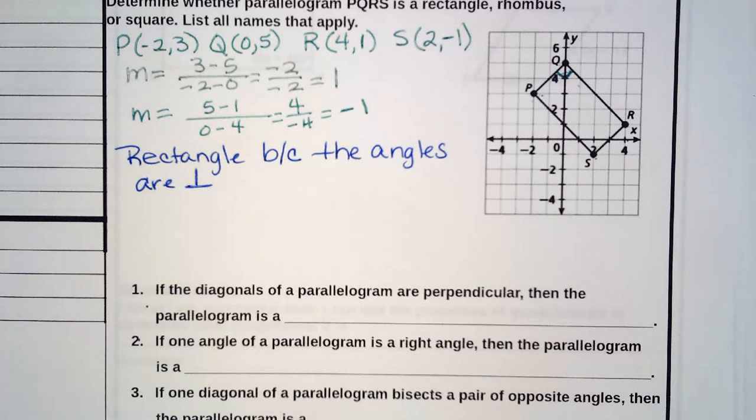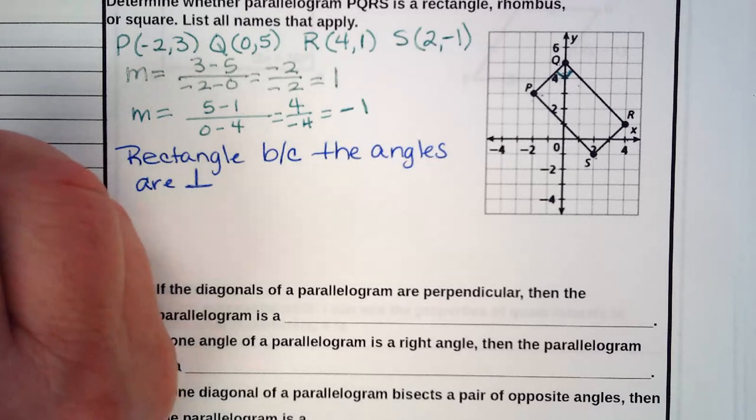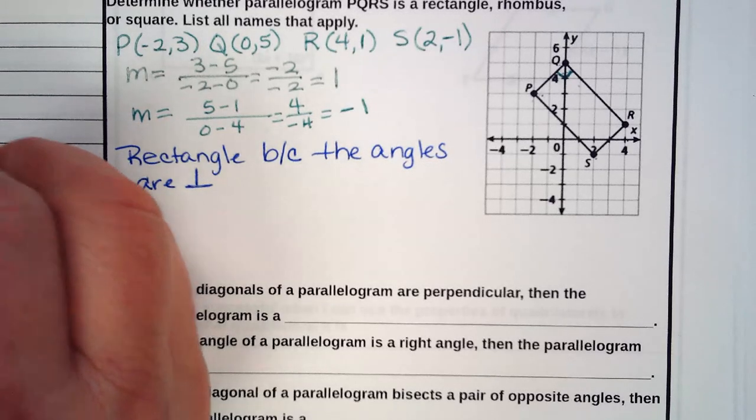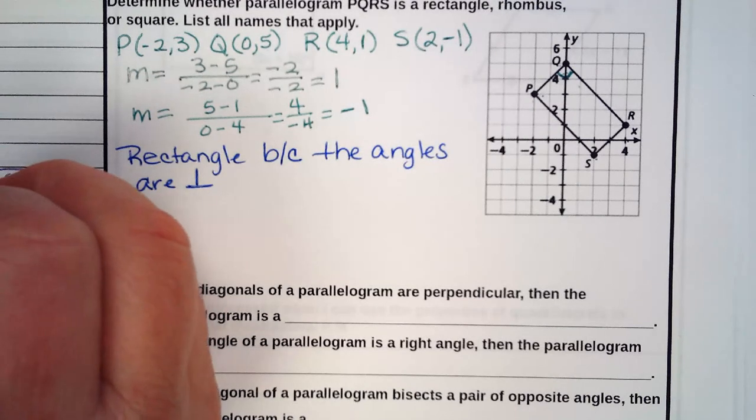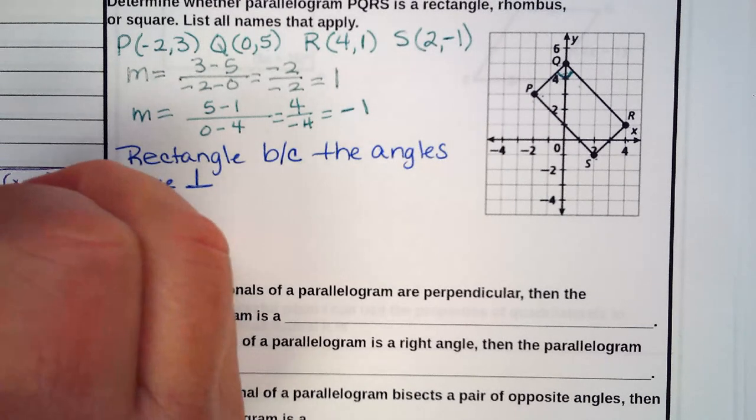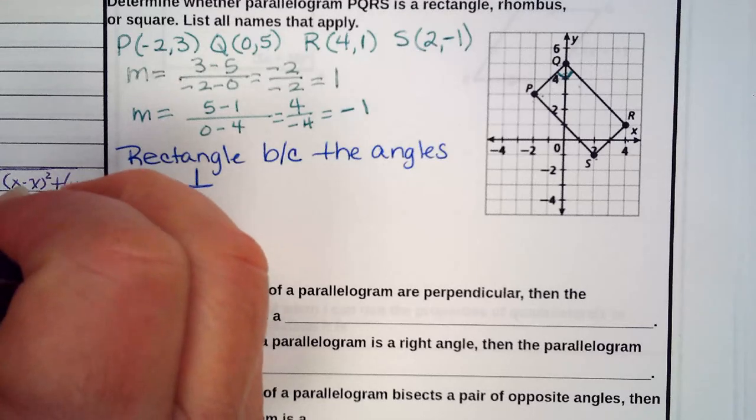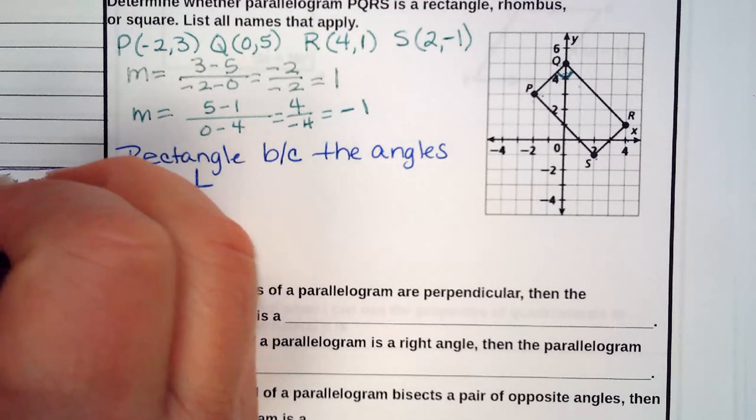Do you remember the distance formula? D is equal to the square root of x minus x squared plus y minus y quantity squared.